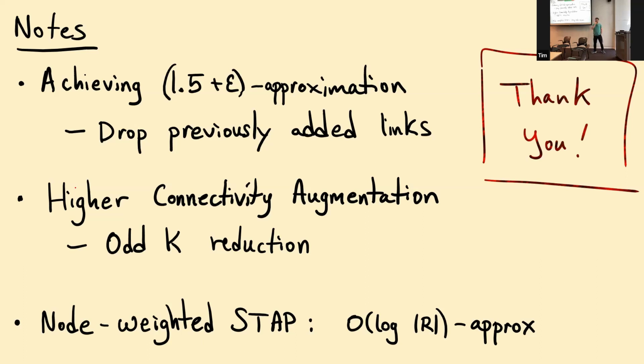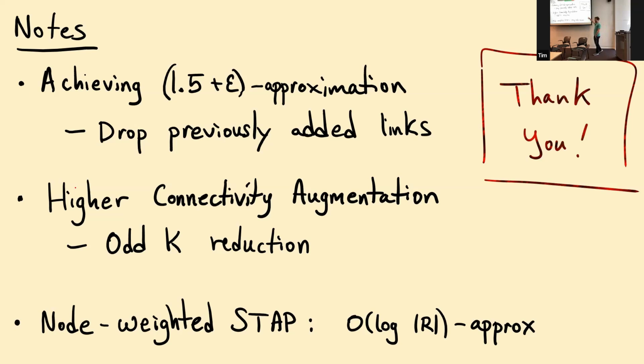Another thing that I think is interesting to point out here. I mentioned that TAP is a covering problem. If you write down the natural covering LP relaxation for that, you could ask what the integrality gap of that relaxation is. It's known that it's at most 2, so there's a 2 approximation, but it's at least 1.5.